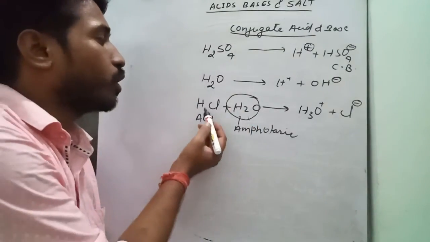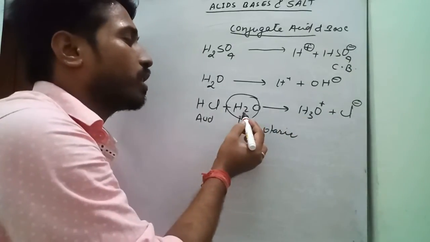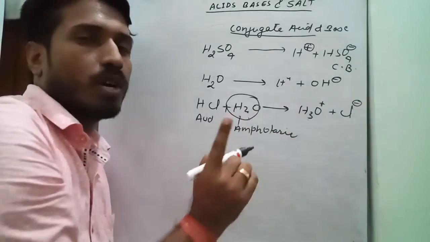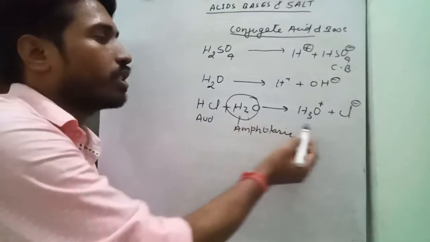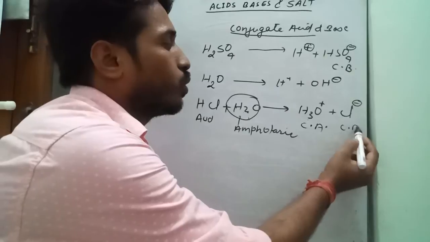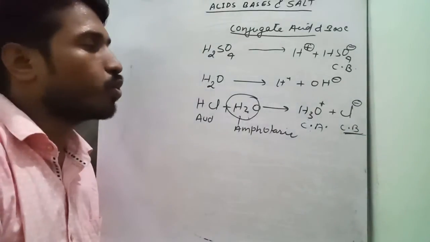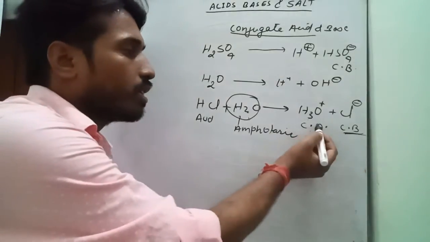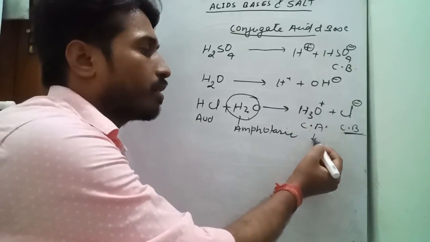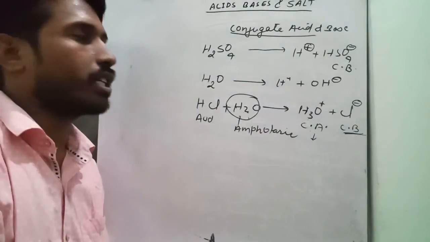I will give an example. So HCl plus H2O, here we have what? The difference between the number of hydrogens in these and these. So how many hydrogens differ? Only one hydrogen differs. So this is called the conjugate acid, and this is called the conjugate base, since if we see the structure, it can donate one H+ ion.